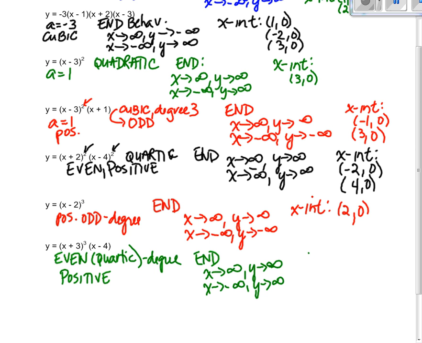We have x-intercepts of 4 and -3. This x-intercept is of order 3. Right here, order 3. This x-intercept is of order 1.